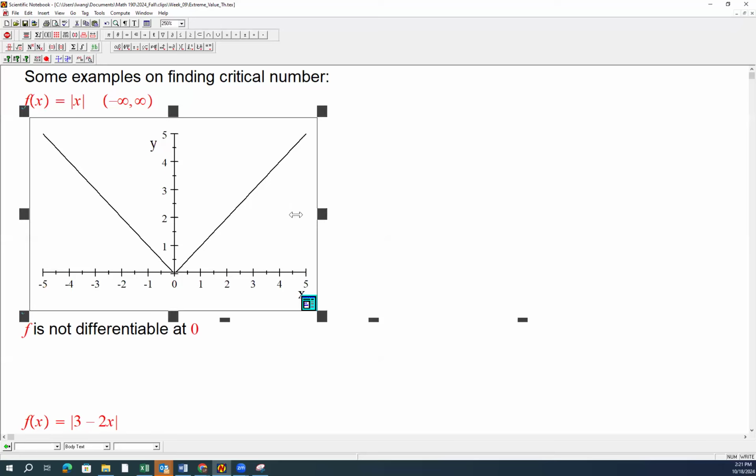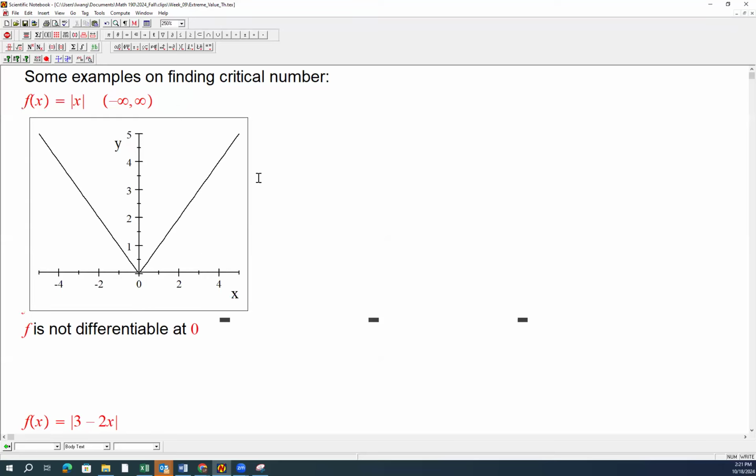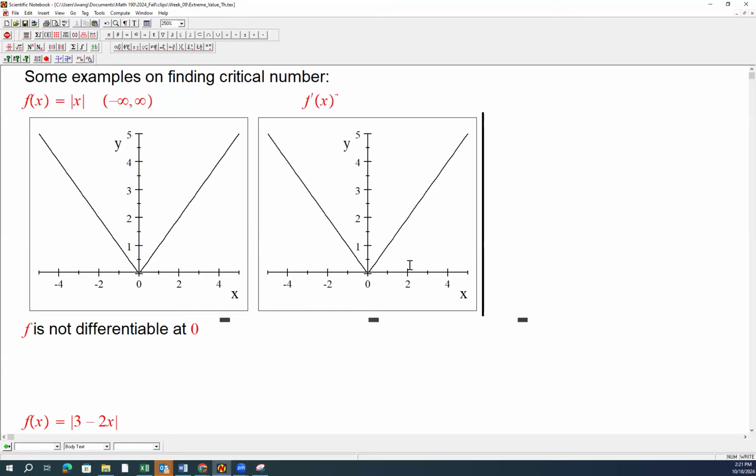Its derivative, we also have talked about before. The derivative function looks like this. What happened is that when we differentiate the line on the right, it equals 1.